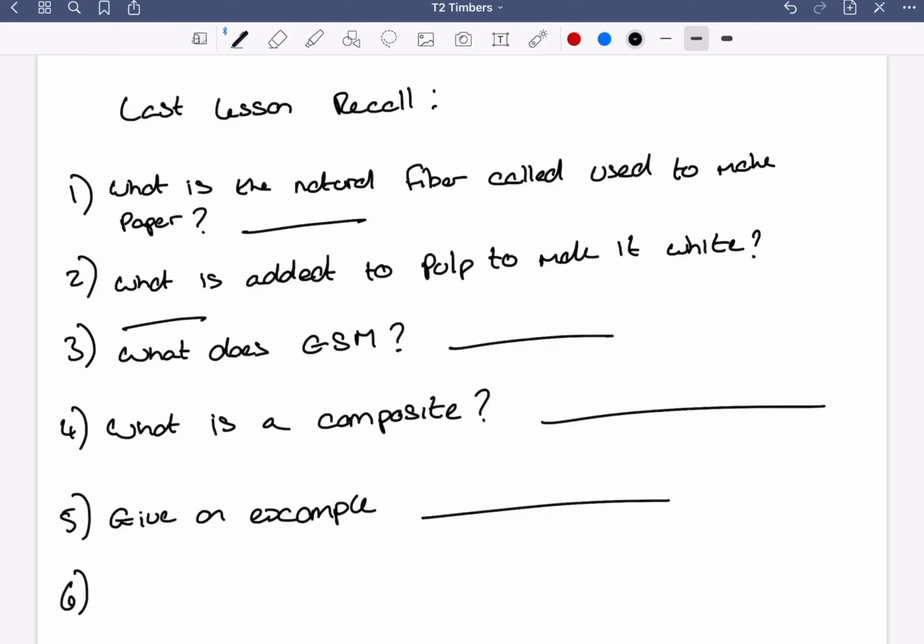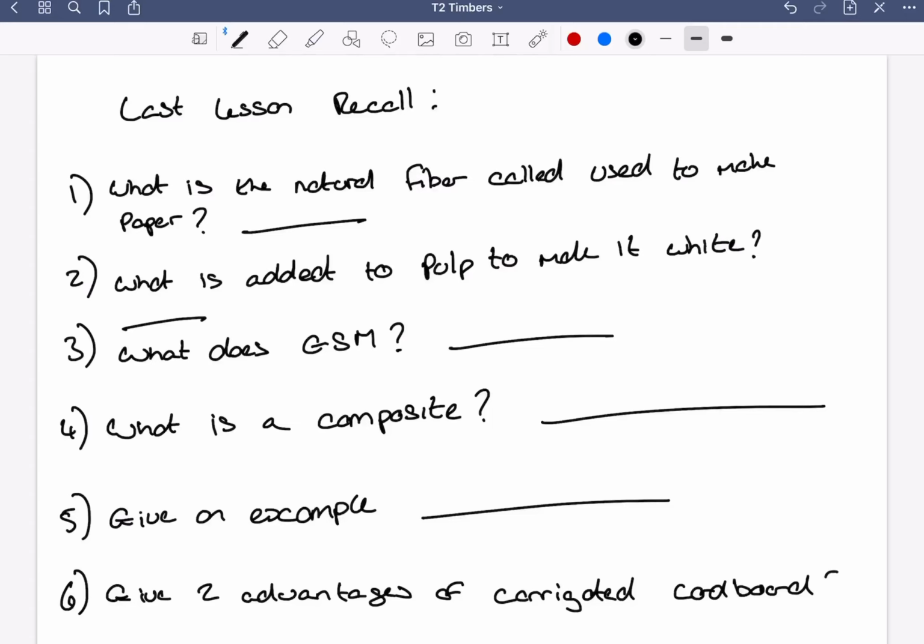And then question 6 can be, run out of space, give 2 advantages of corrugated cardboard. Okay, so 2 advantages of corrugated cardboard.